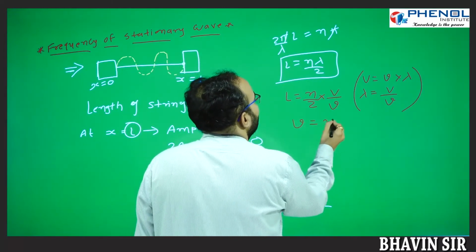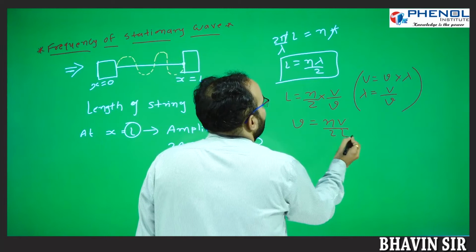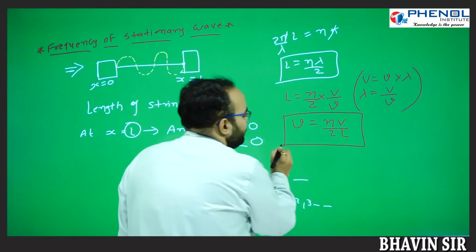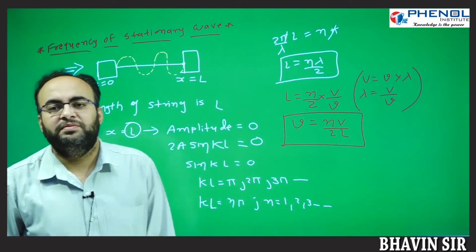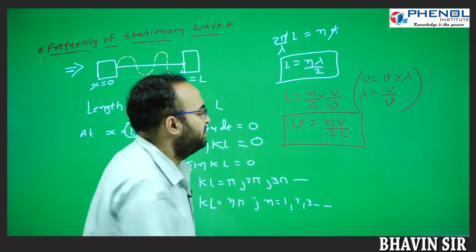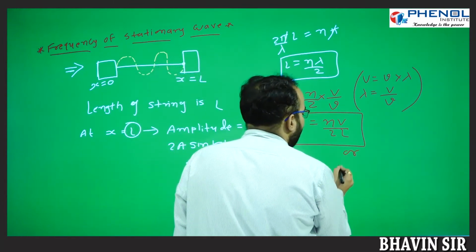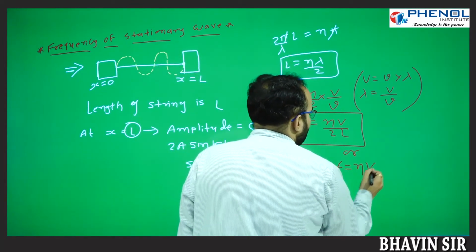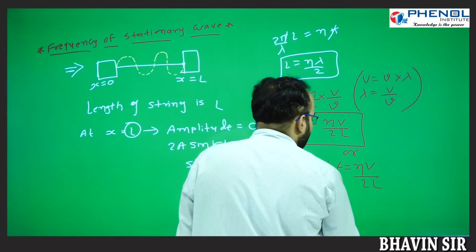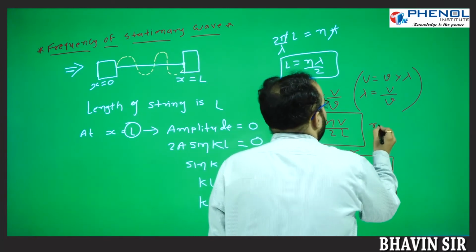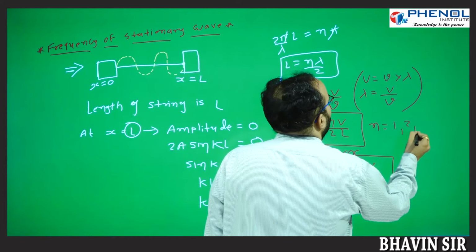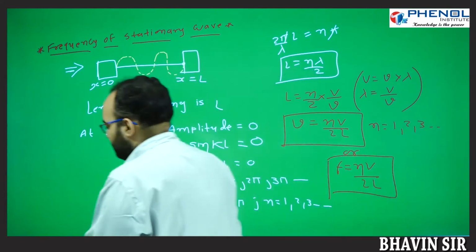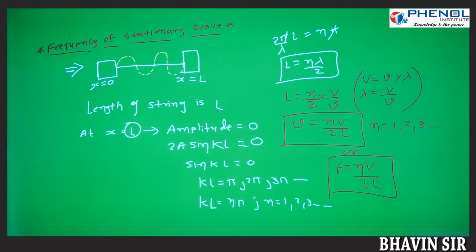So frequency nu is equal to n v by 2L, or otherwise f is equal to n v by 2L, where n is 1, 2, 3.